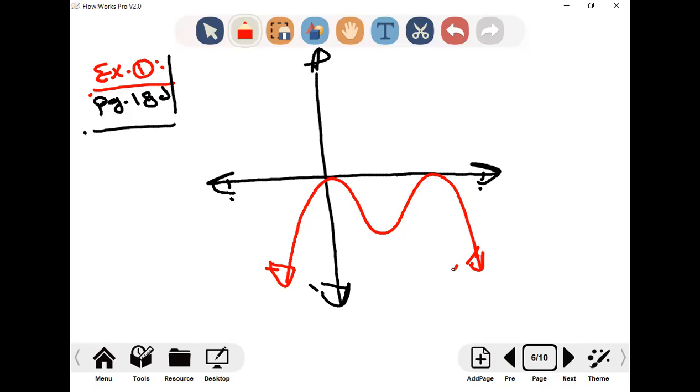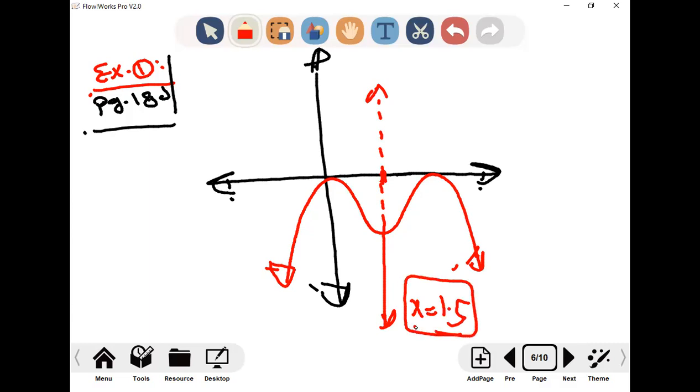Where does the line cut the x-axis? The x equals 1.5 is the equation of this line.